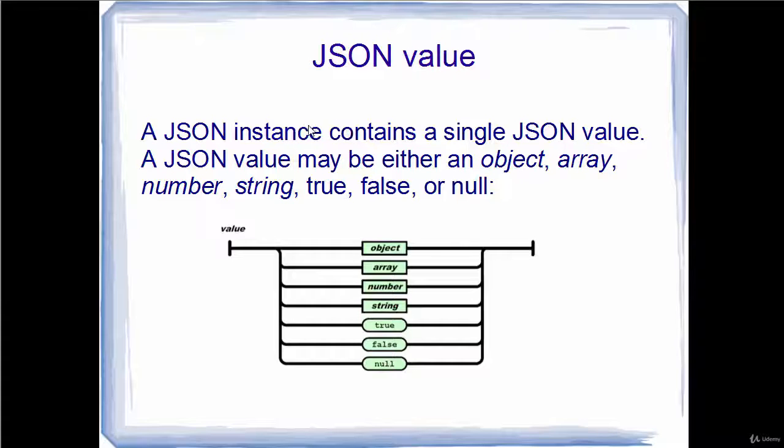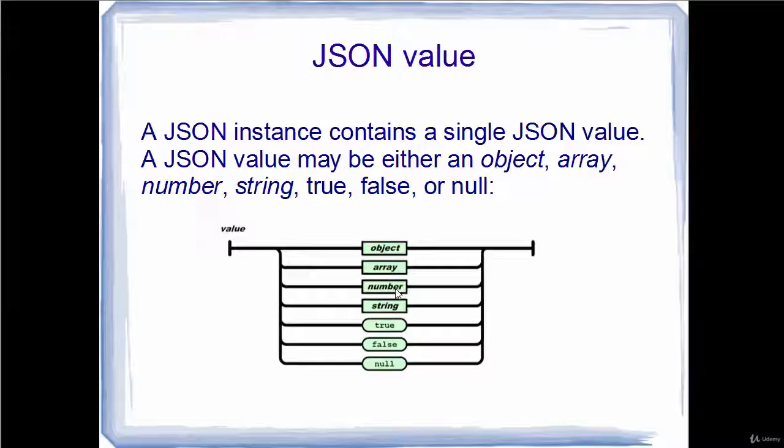So the key, which I already explained, for example city was the key, is always in string format, right? So the key will be in string format, and the JSON value, you can see the JSON value can be an object, it can be an array, it can be a number.